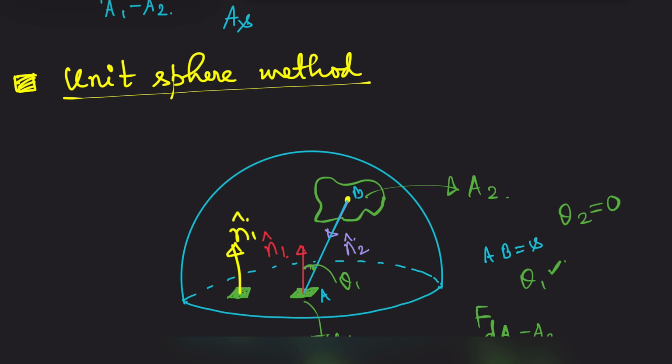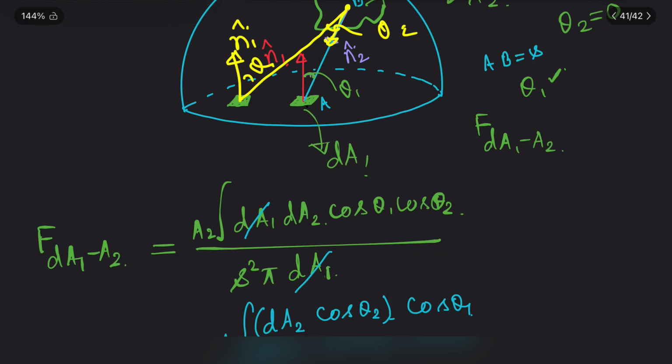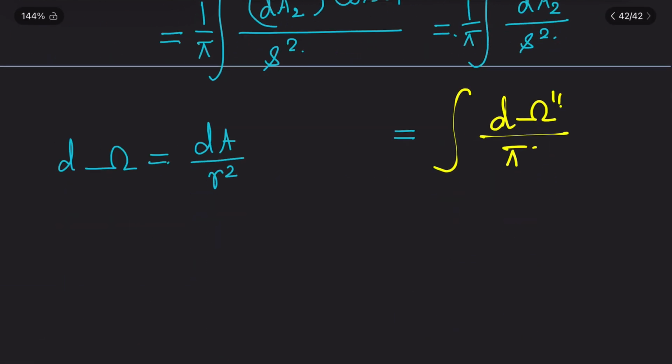But now you see your theta 2 will not be 0, because I have to join like this, and this normal is again the same, but then this is your theta 2 and this is your theta 1. Then your life will not always be simple if you use these tricks and techniques. So you have to be very judicious when you use these techniques.